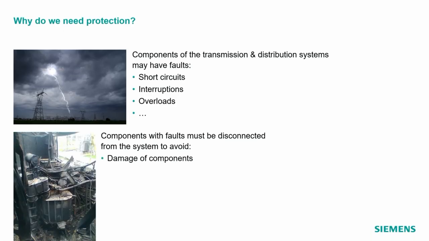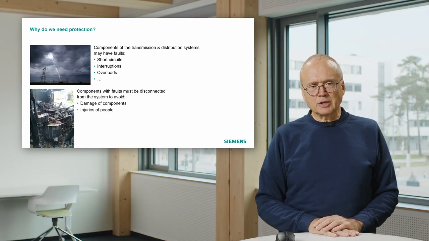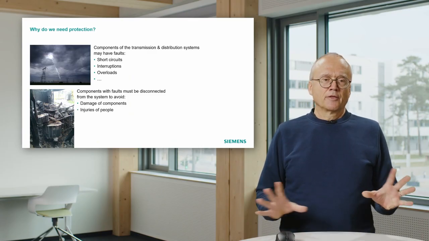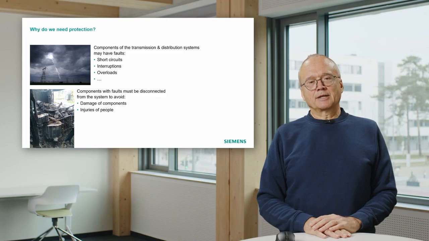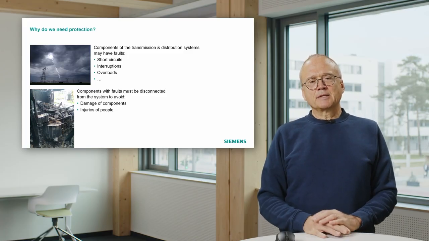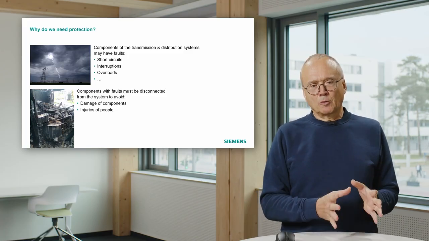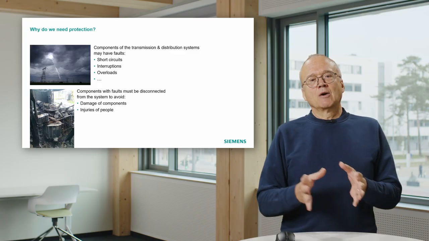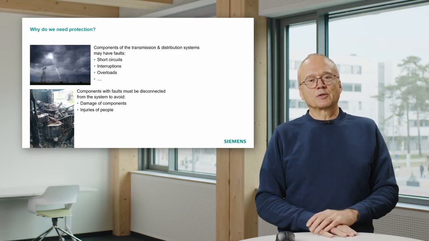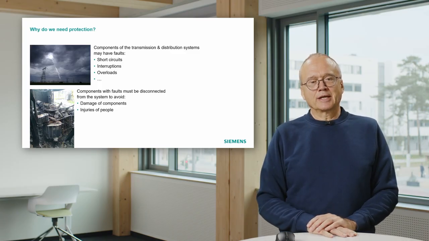This nice picture shows such a situation. That is a picture from a real case. What you see here used to be a brand new transformer. During the commissioning phase, the different teams had some misunderstanding. That means in this case, the transformer was energized while the protection system was still not in operation.